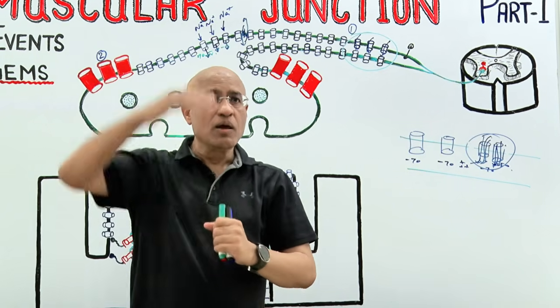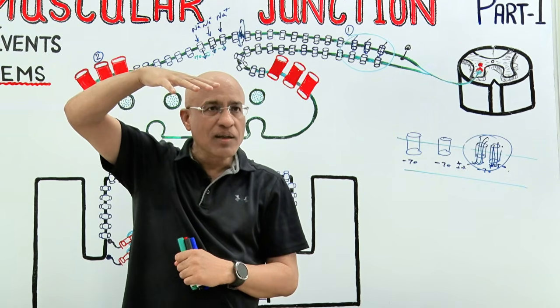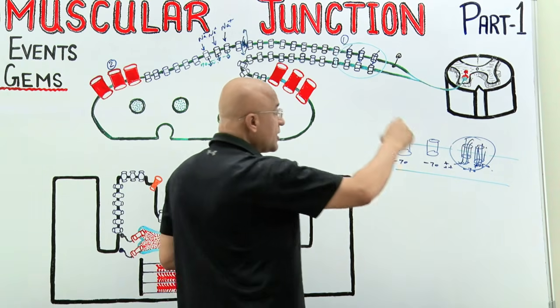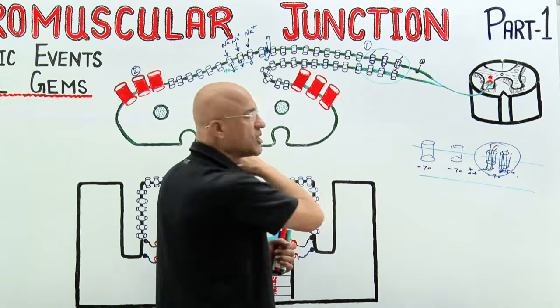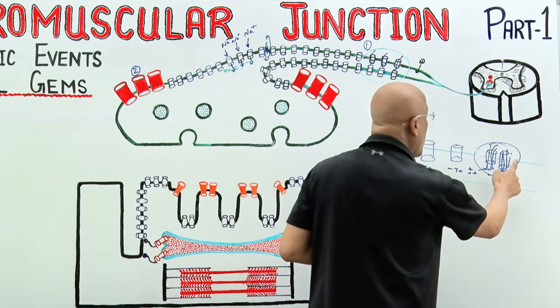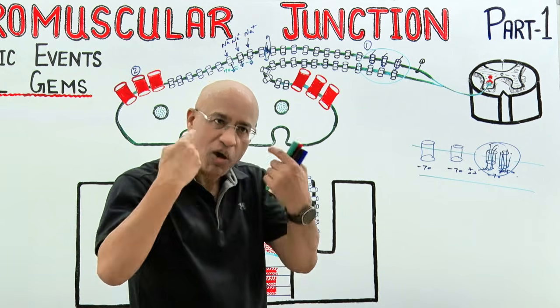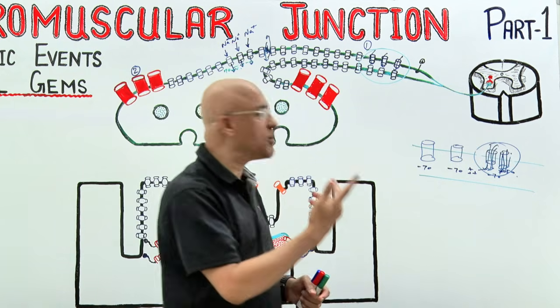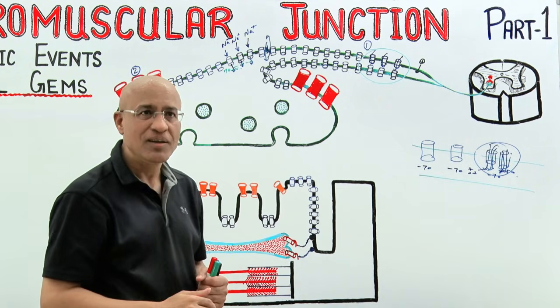But when the wave of depolarization comes, sodium is coming there. So we can say number one, the wave of depolarization is coming. We can also say that a wave of loss of negative polarity is coming, or a wave of sodium influx is coming.